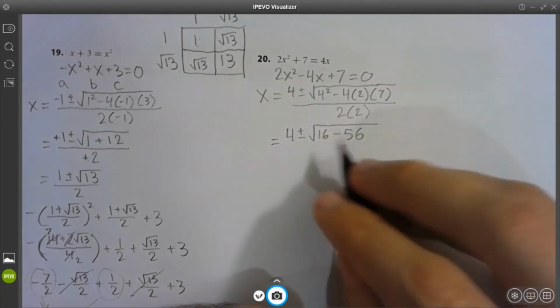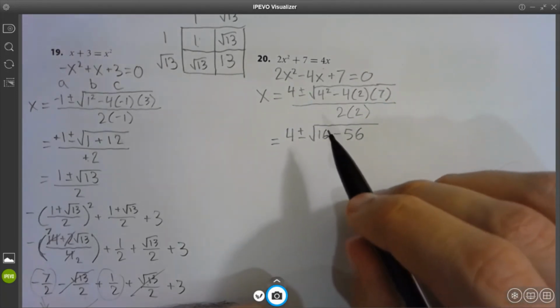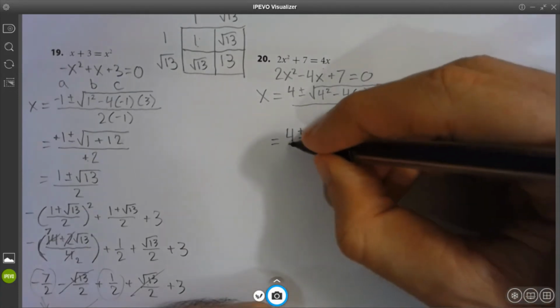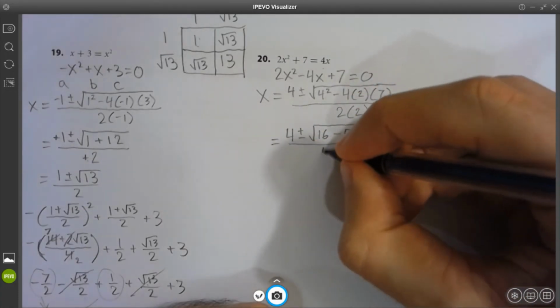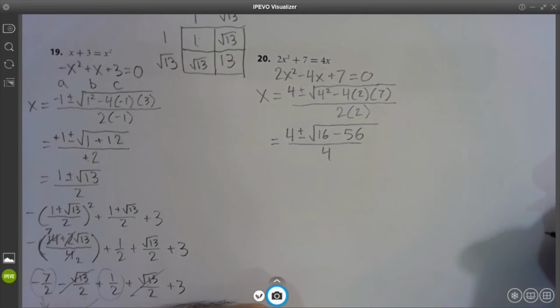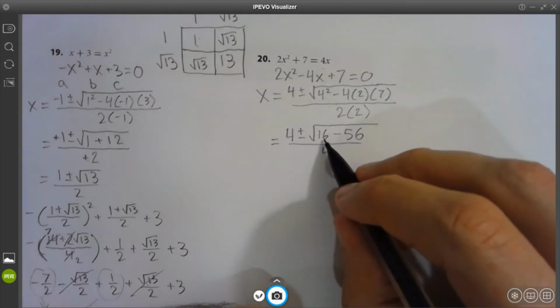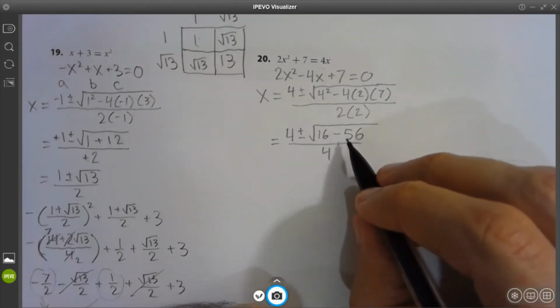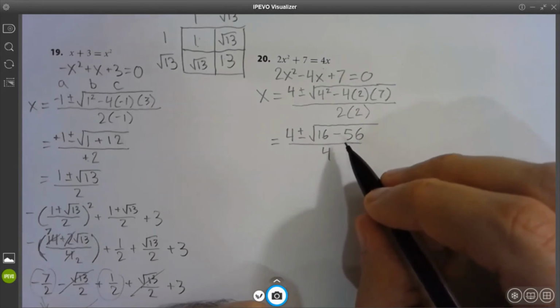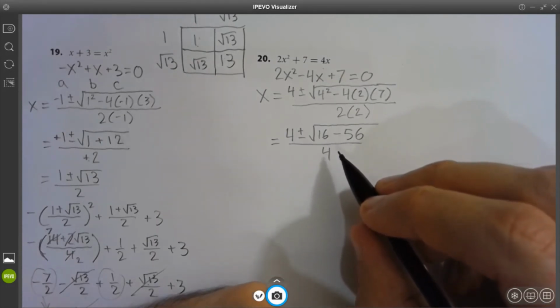So we're going to have an imaginary part, or rather we're going to have a complex number over 4. Keep going. 16 minus 56 is a number. The number is negative 40.